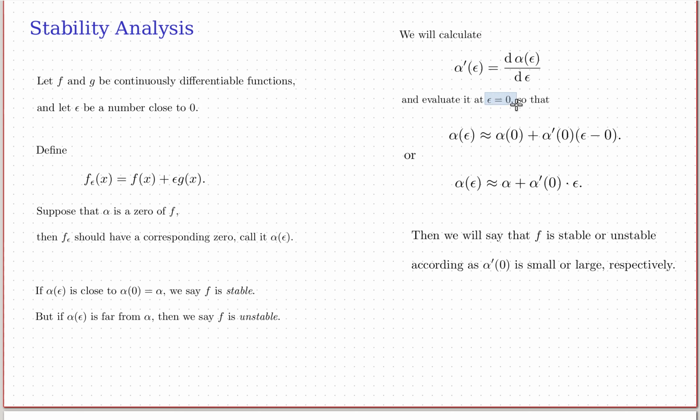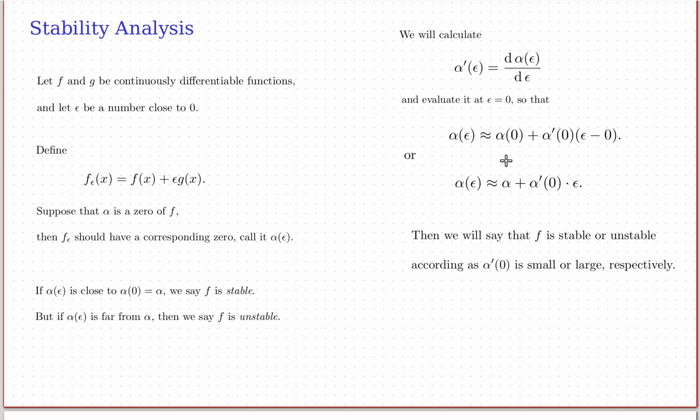Evaluating it at epsilon equals 0 will give us a linear approximation of what alpha of epsilon looks like in the neighborhood of epsilon equals 0. So this is just a standard first order approximation that you get from the derivative of a function, right? So we can say that alpha of epsilon is approximately equal to alpha of 0 plus alpha prime of 0 times how far we've moved away from epsilon equals 0.